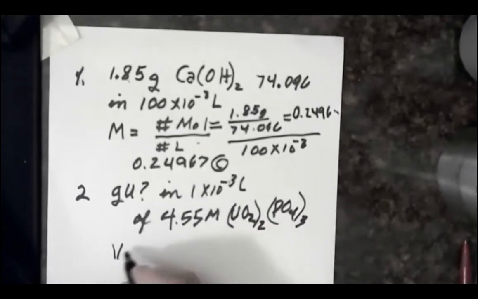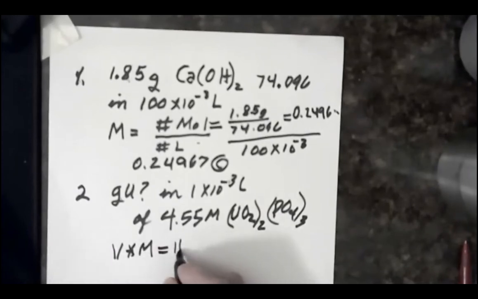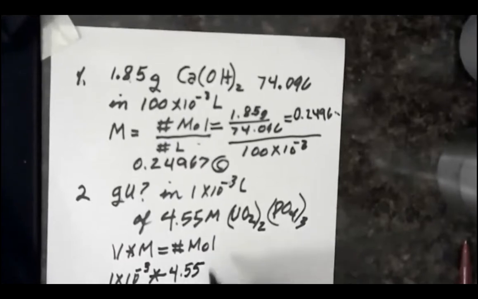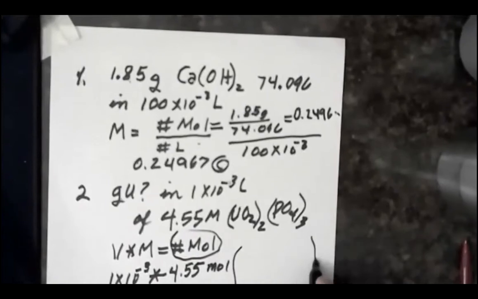Remember now, volume times molarity is going to equal the number of moles. The volume of the solution is 1 times 10 to the -3 times the molarity, 4.55. Now that's going to be moles of this compound. Now, the question asked me for the grams.